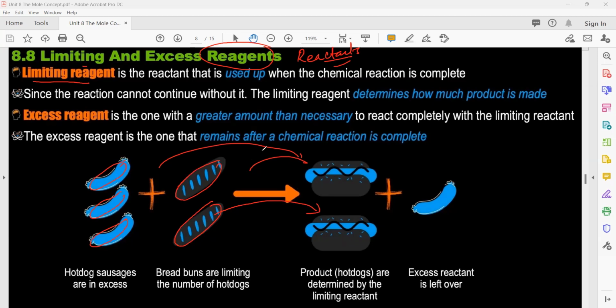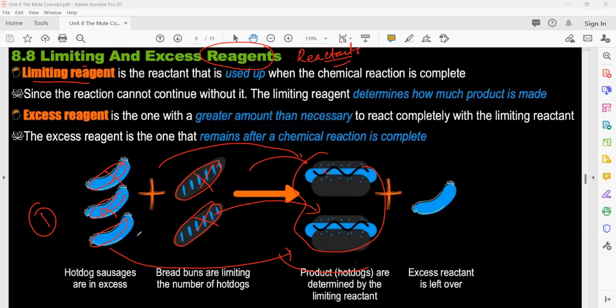Which thing is finished? Are the hot dogs all finished? No. 2 hot dogs are finished, but one is left. What about the bread? Both are finished. Can we make another sandwich, Ahmed? Two we already made. Can we make another one?